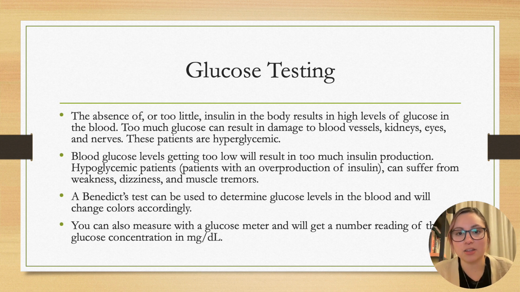In the process, the copper 2+ ion is reduced to Cu+, which forms a red solid, copper 1 oxide. So when doing this test, the reagent changes color according to the different levels of glucose, so you can determine the level based on the color that is presented after the testing.